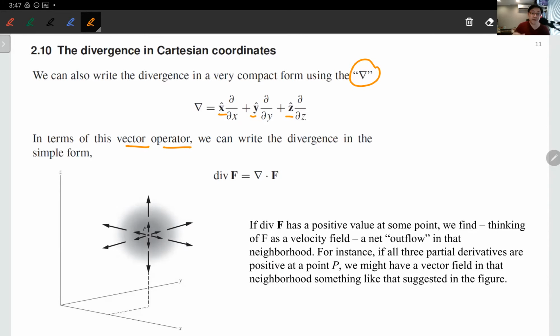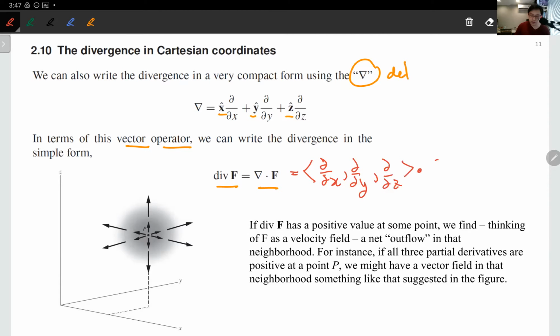All right. So if you take this as a form of a vector operator, then the divergence of f can be written as the dot product between this del operator and the vector f. So this one is named del right here. Okay, so if you remember the dot products, I can use a bracket style. So it's d by dx, d by dy, d by dz. That is your del operator.